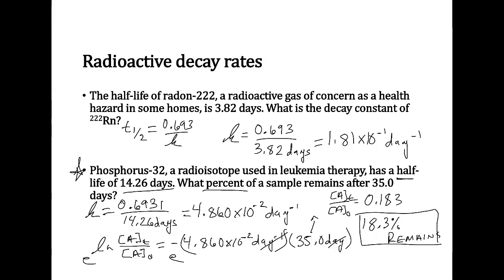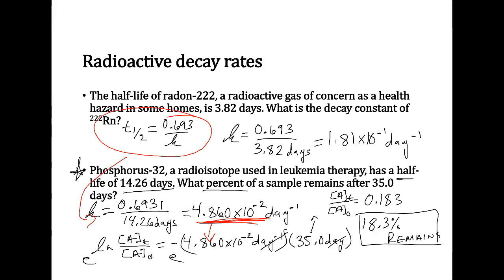All right, so to review this problem, we were given a half-life and we want to know what percent remains after 35 days. If we want to know how much remains, we have to find the rate constant K. So we used the half-life equation right here, rearranged and solved for K. Once we found this rate constant, we substituted it into our integrated rate law, the natural log of A sub t over A sub naught.